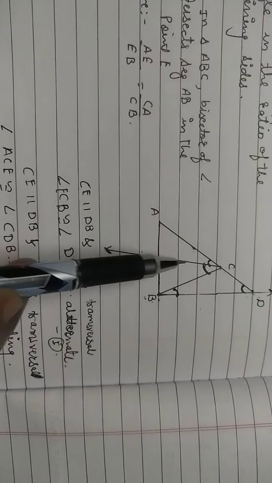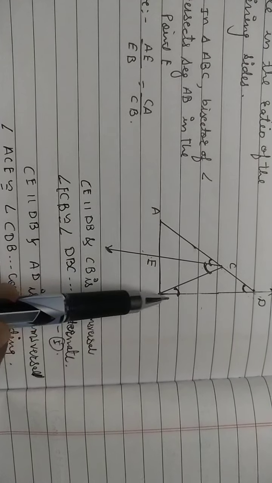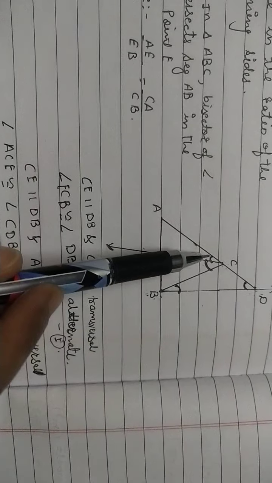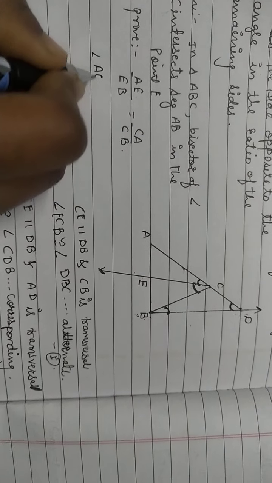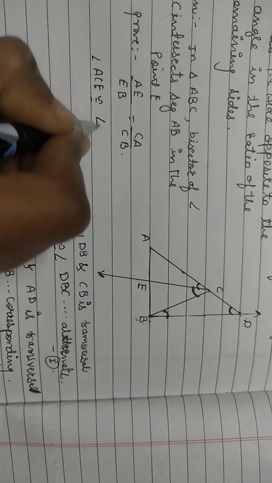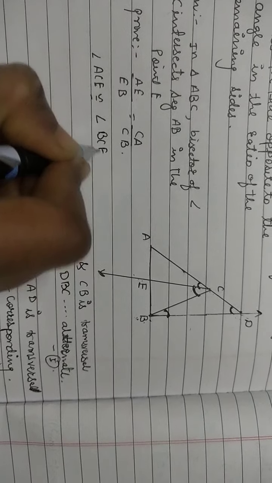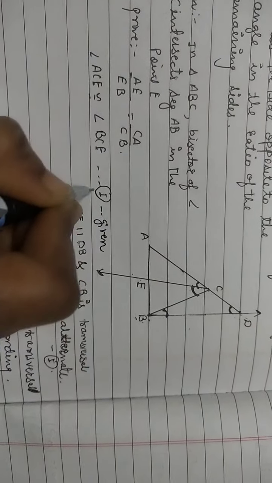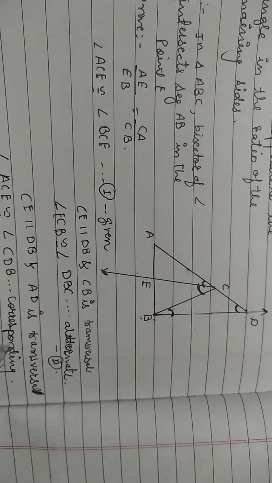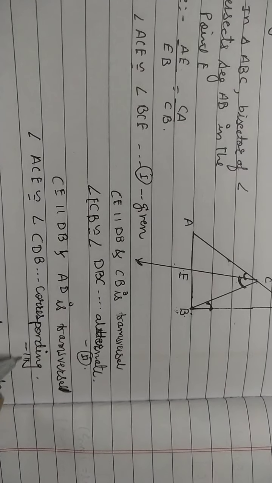Now, I'll write here angle ACE is congruent to angle BCE, number 1, that is given to you. This should be number 2, and this number 3.